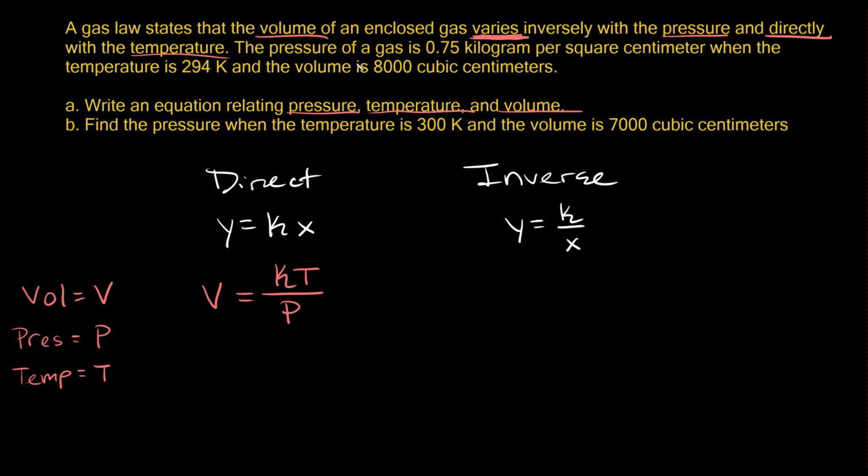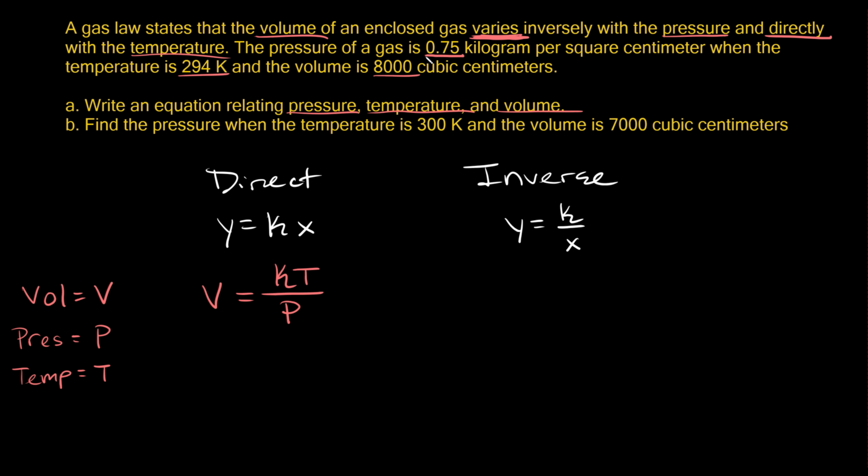The way that we do that is by using these numbers that it gave us. It says that the pressure of the gas, so P, is equal to 0.75 kilograms per square centimeter. When the temperature is 294 Kelvin, and the volume is 8,000 cubic centimeters.